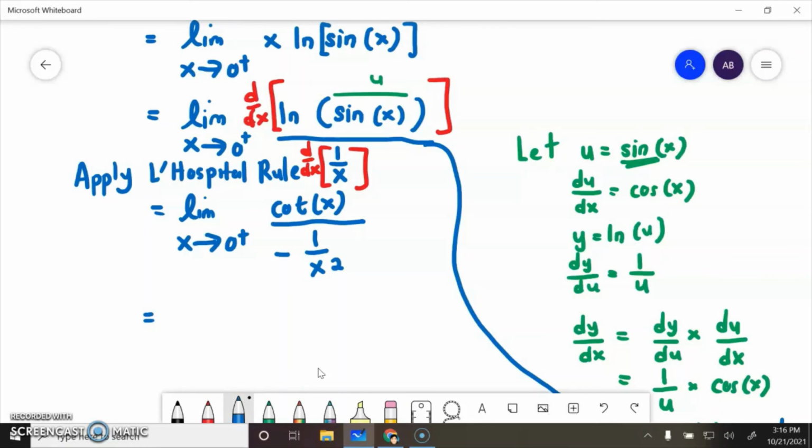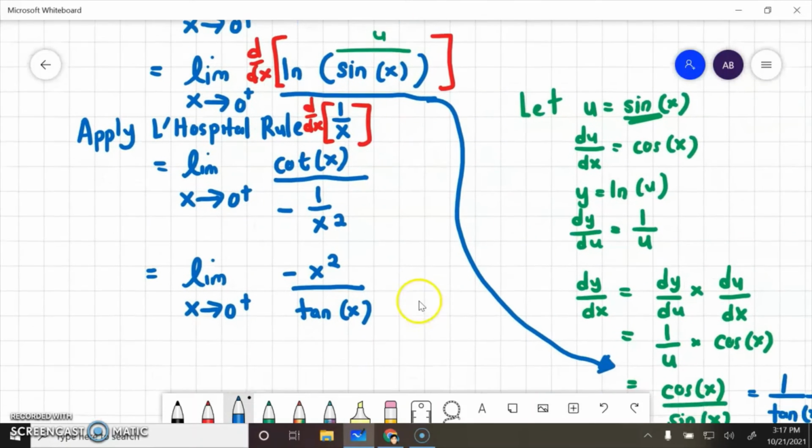Now when x approaches 0 from the positive side, this is still not quite okay. It is still giving you indeterminate form. So let's rearrange this. Limit as x approaches 0 from the right. Cot is 1 over tangent, so I'm going to rearrange this as negative x squared over tangent x.